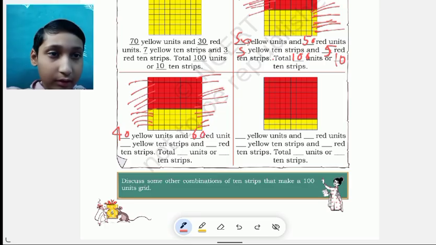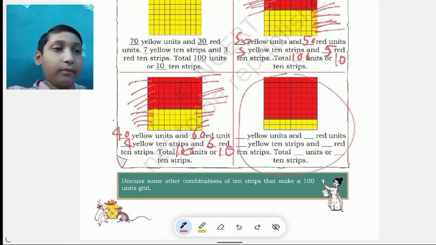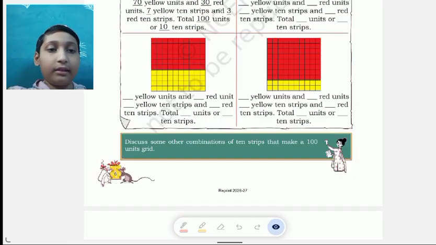The starting number is 4 yellow strips and the start of 60 is 6. So the total is still 100 units or 10 tens. I think you can do this by yourself. I gave you the entire thing.